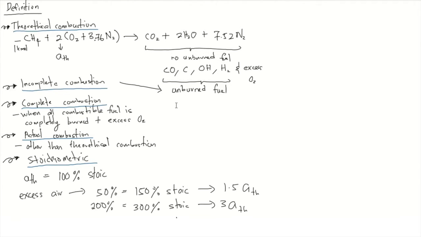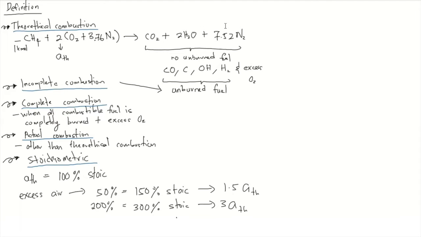Okay, next we talk about complete combustion. Alright, complete combustion is when all combustible fuel is completely burned, right? For example, for this theoretical combustion, all the fuel, CH4, is completely burned and produces a product.